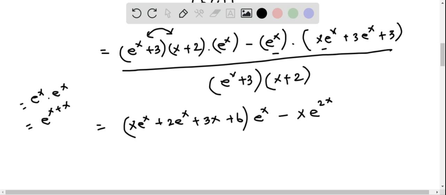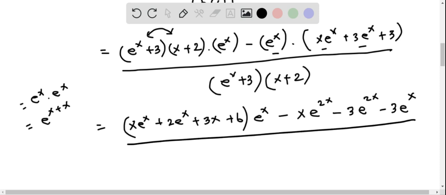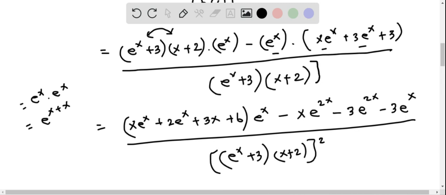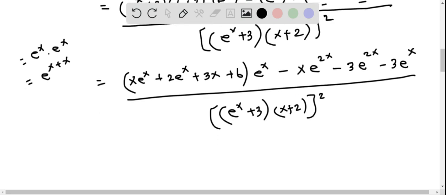We then have negative e power x times 3 times e power x. So I put the negative. We have the number 3. E power x times e power x is once again e power 2x. And so finally we have minus 3 e power x, and this should be all over e power x plus 3 times x plus 2, and this has to be quantity squared. I didn't put this in the last step, so let me put it over here. So we know how to simplify this by distributing the terms.